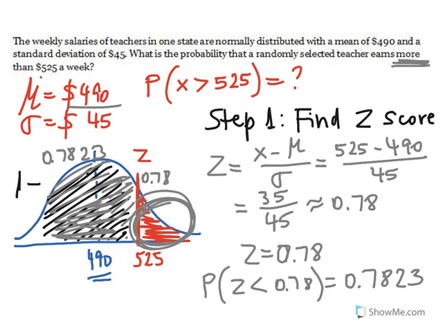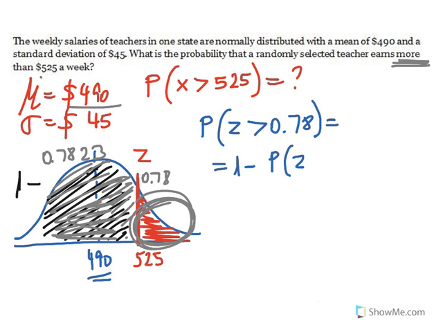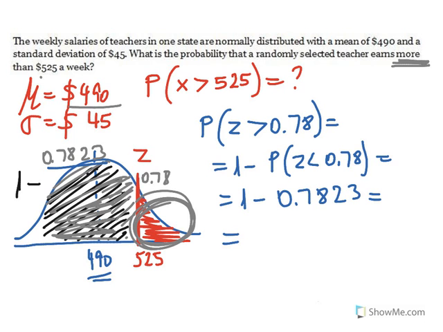So in this case, we need the probability that z is greater than 0.78 equals 1 minus the probability of z smaller than 0.78, and that's going to be equal to 1 minus 0.7823, and that's going to be 0.2177.